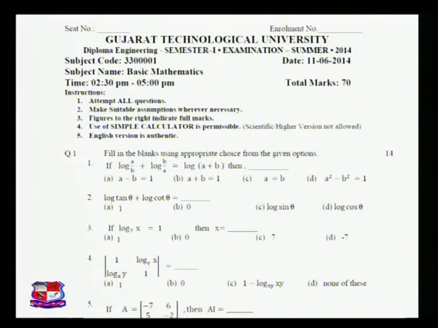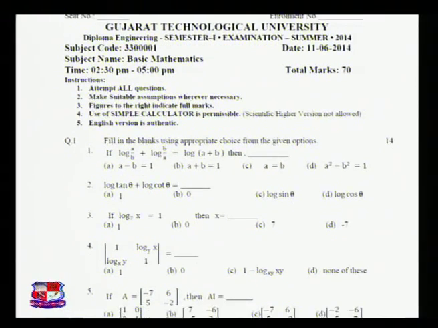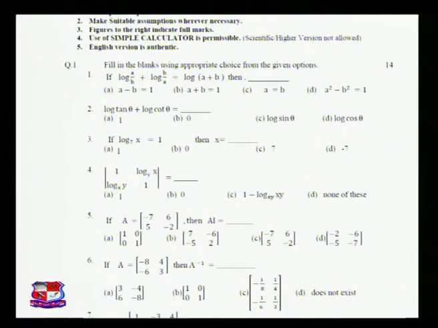In the same way, let us move to the fifth question. The fifth question is: if A is equal to [-7, 6; 5, -2], then find A into I. This is a very straightforward question.